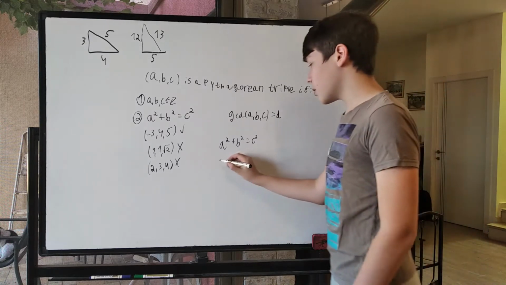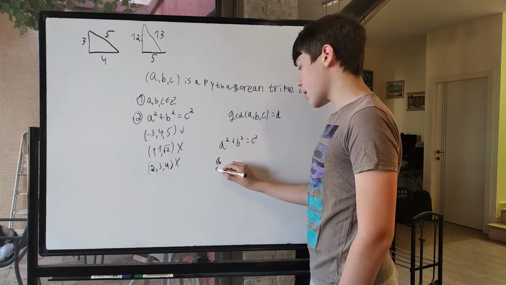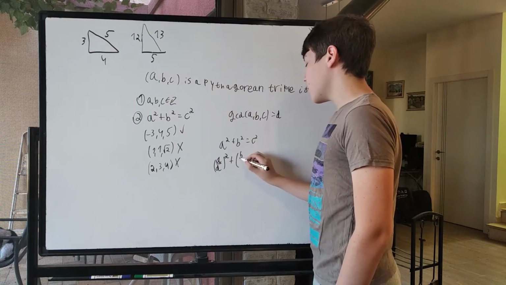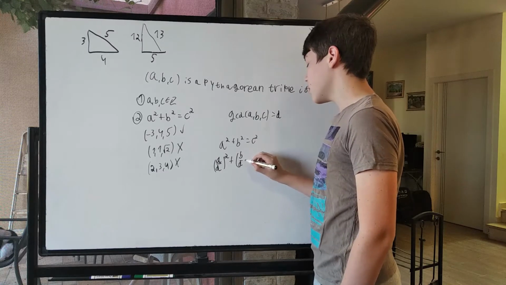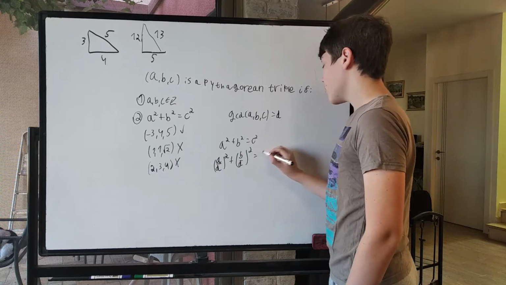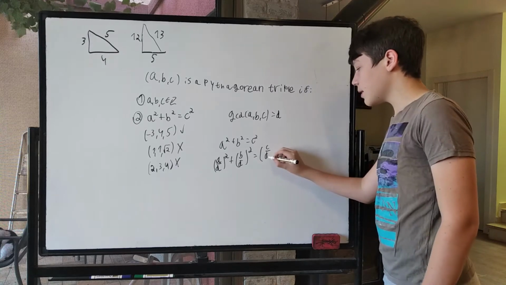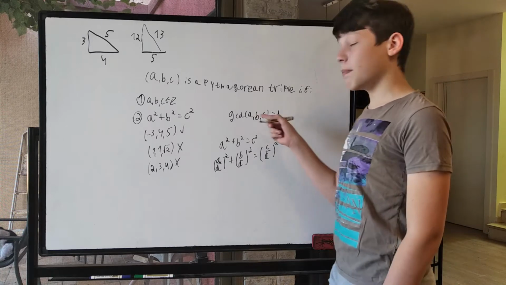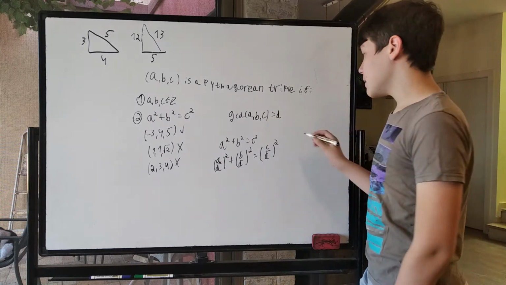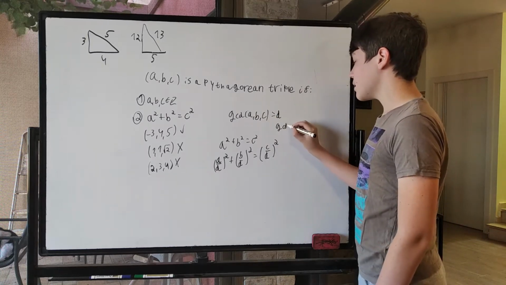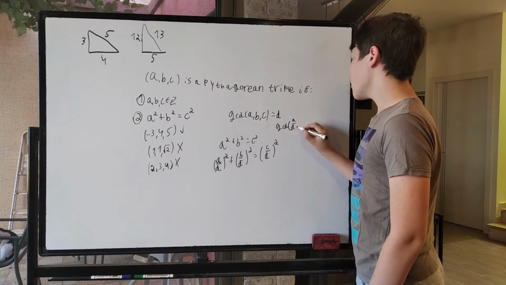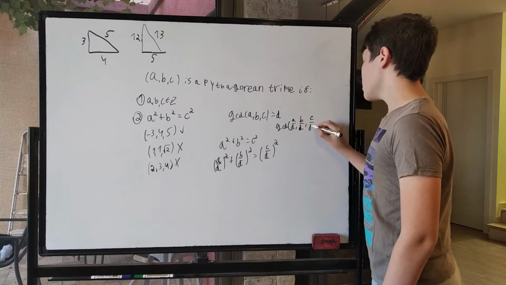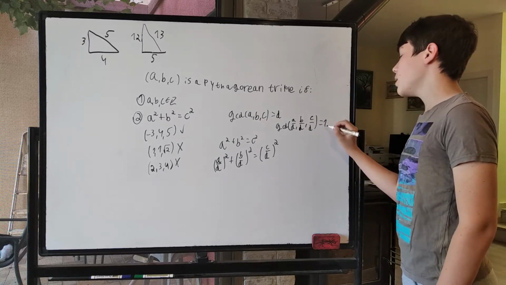So now here we'll be able to divide by D squared, and we'll get A over D squared plus B over D squared equals C over D squared. And because D is the biggest number that divides A and B and C, that means that the GCD of A over D, B over D, and C over D has to be 1.